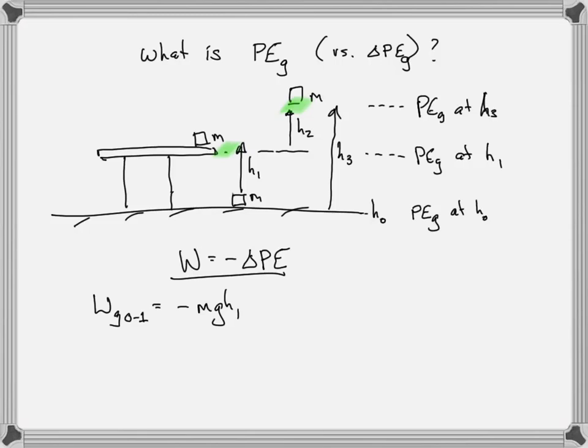The work done by gravity from 0 to 2 is equal to minus mgh3.